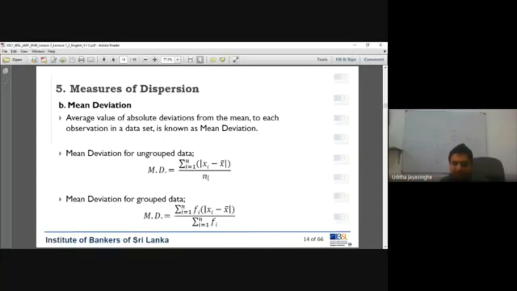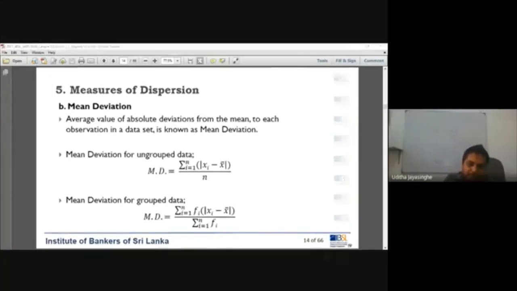I mean, from the equation point of view, it looks a bit uncomfortable, but if you look at the definition, what do we do here? We take the individual value minus the average value, then you have a number. You add all those numbers together and divide by the number of items in the data set, which will give you the mean deviation easily.